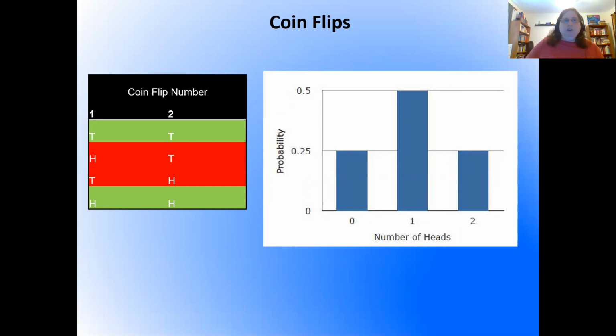So what we're going to do is talk through this using a scenario. And the scenario is going to be that you have a friend that you like to go to lunch with every day. And you decide to play this game with your friend that if the coin that you flip every day comes up heads, your friend gets a free lunch, you buy.